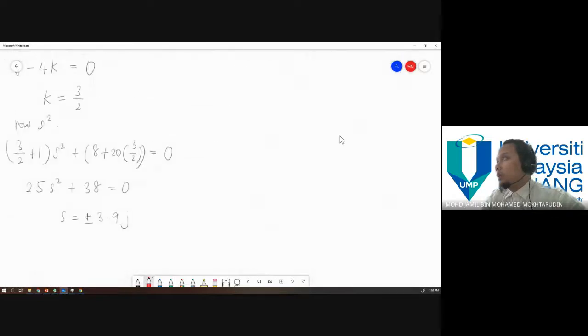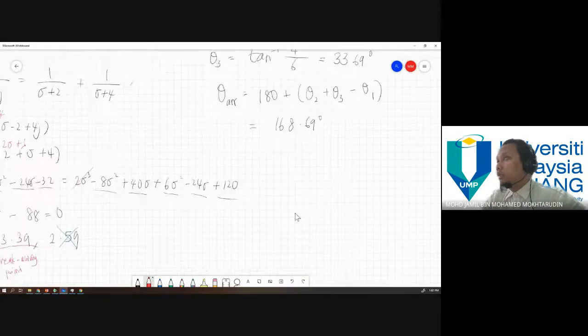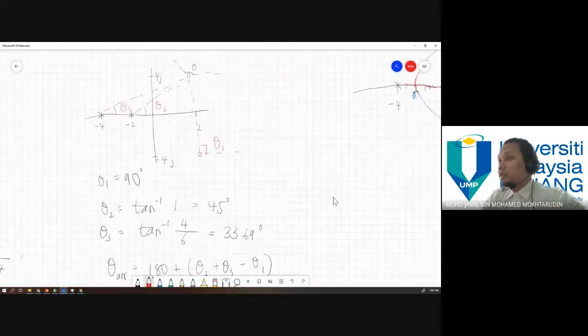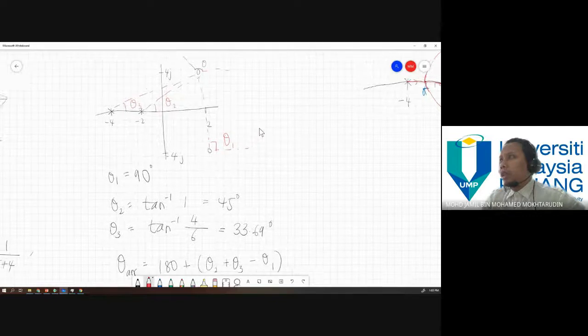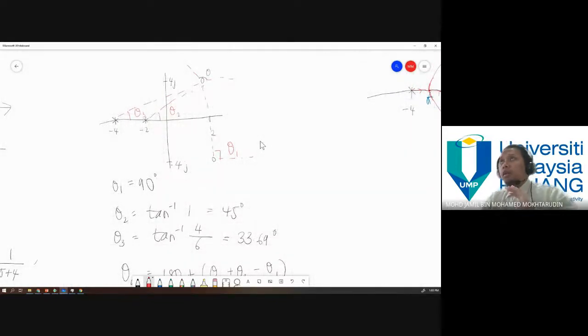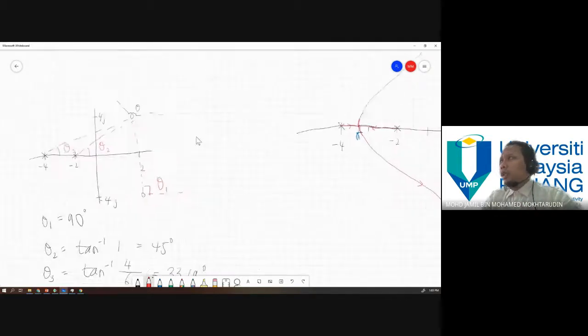And then another thing that may be difficult is finding the angle of arrival and departure. Okay, maybe you will be confused about where the angle is, but most of the time, when you've already found the angle of departure, it's not really important in the sketch.